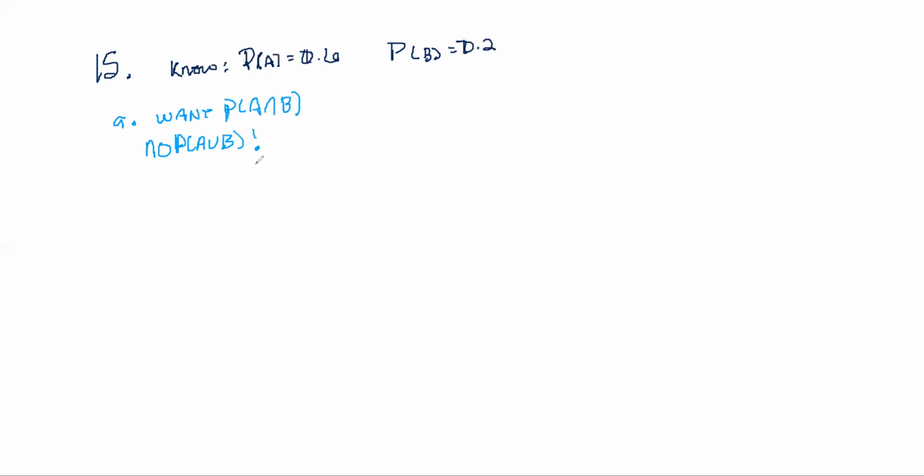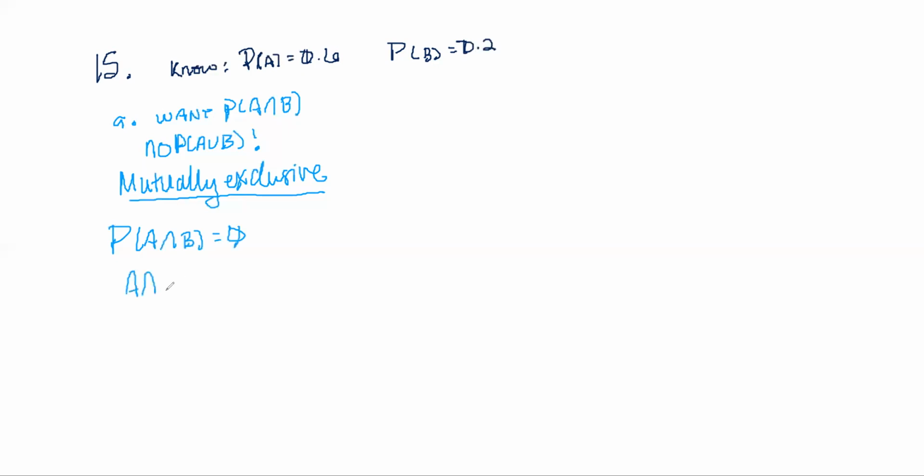Well, we're given in the problem that it is mutually exclusive, which is just the way of the problem telling you that for sure the probability of that happening is 0, because A intersection with B does not exist.